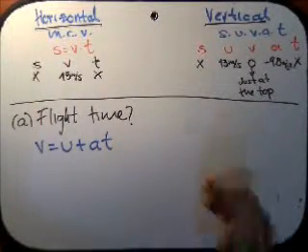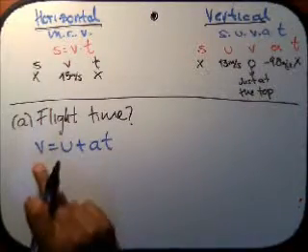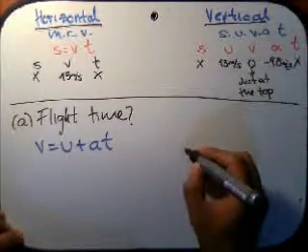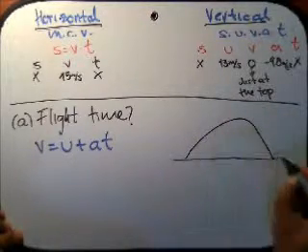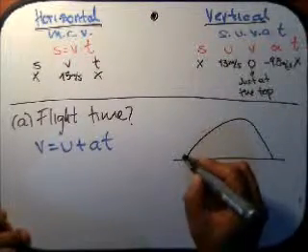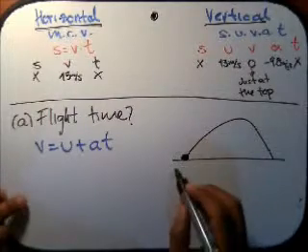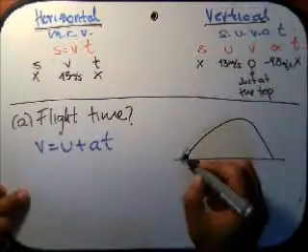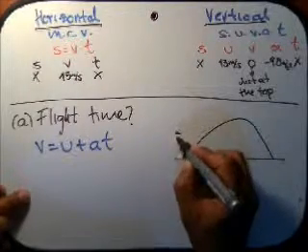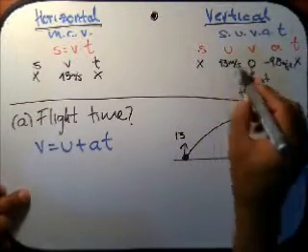Okay, so let's put the values in the equation. I need you to remember before we put the values there that here we're going to be talking about the initial velocity here, which is 13, right? The initial velocity.